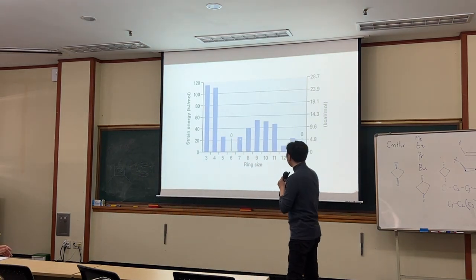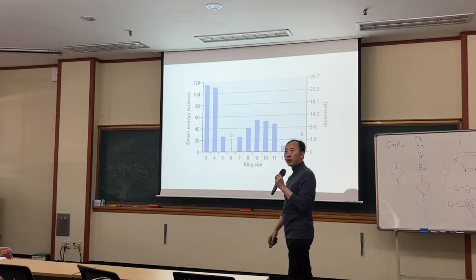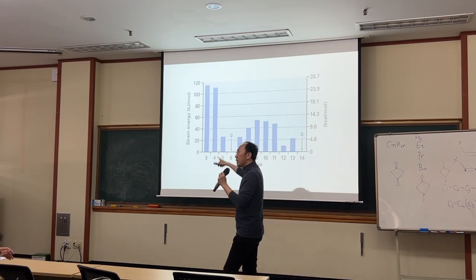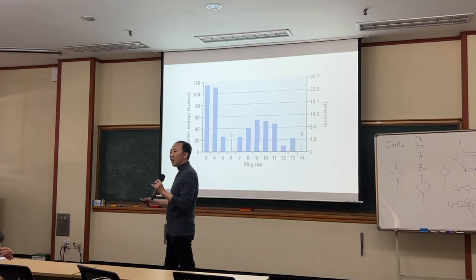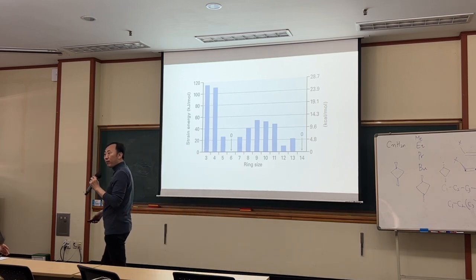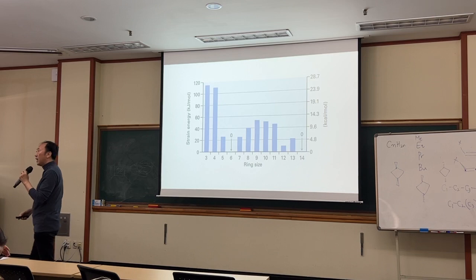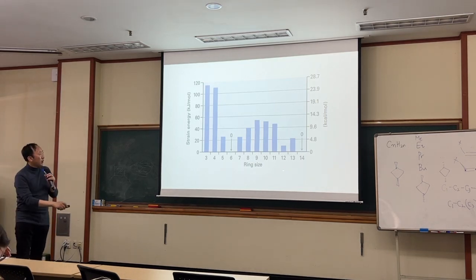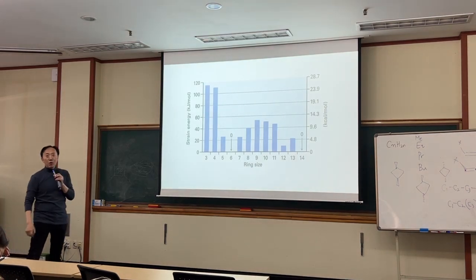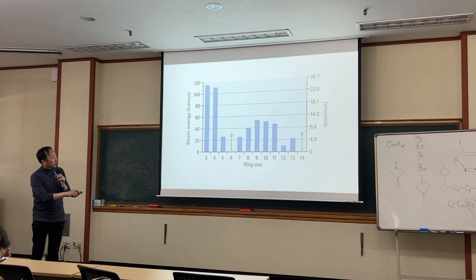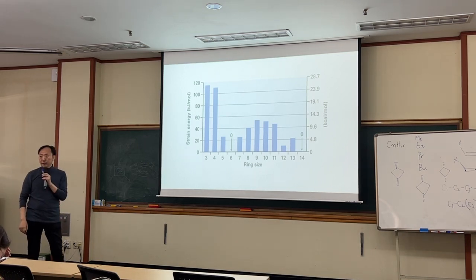Then it increases a little and then decreases. If it reaches up to a 14-membered ring, quite a big ring, right? In that case, it's almost like the open form, moving freely. But up to here, we don't handle much. Our main interest is here: 3, 4, 5, 6. Okay.